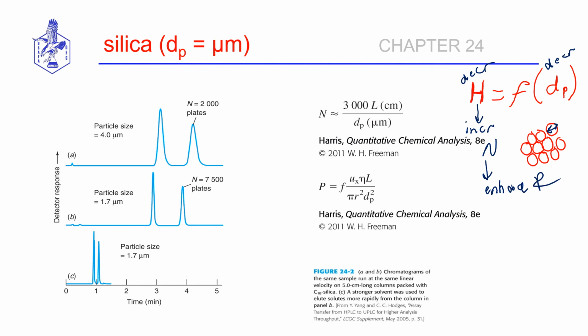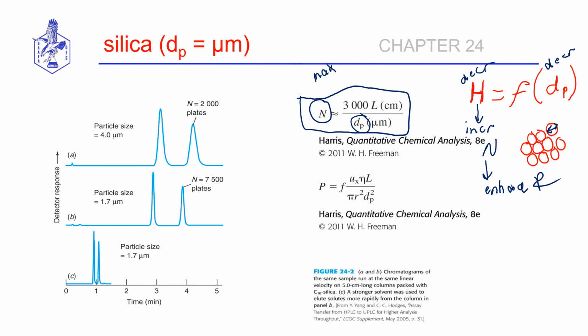So when giving consideration to the relationship of the particle diameter to the number of theoretical plates, remember N, we want to maximize. So as the particle diameter decreases, the number of theoretical plates goes up. So ideally, we want to select our silica particles to have a small particle diameter.